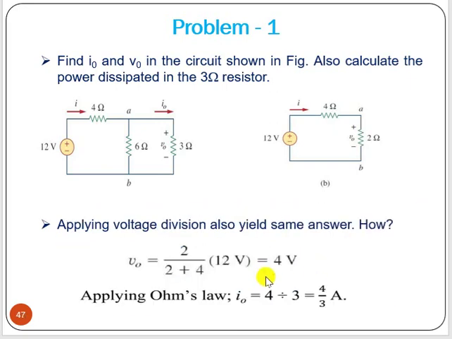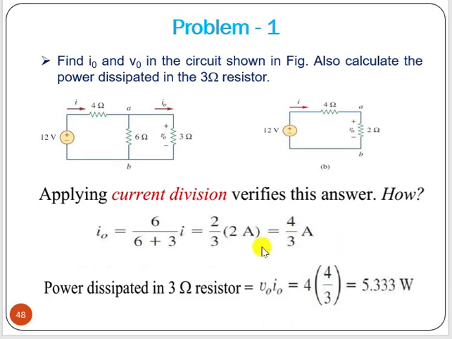So here also 4 volt, here also 4 volt. And now you can apply Ohm's law to find I0. After conversion, I0 equals the voltage drop across this, that is 4 volt, divided by 3 ohm.